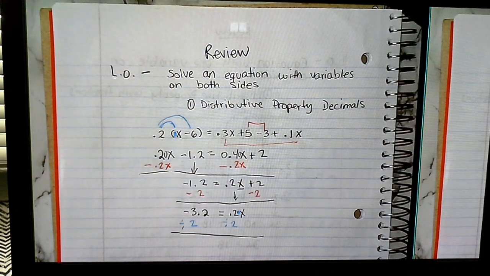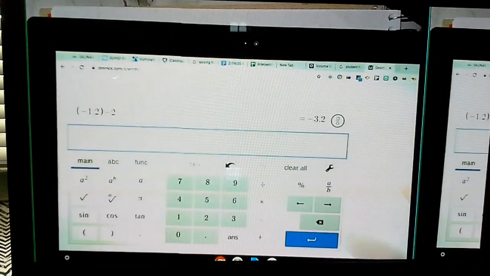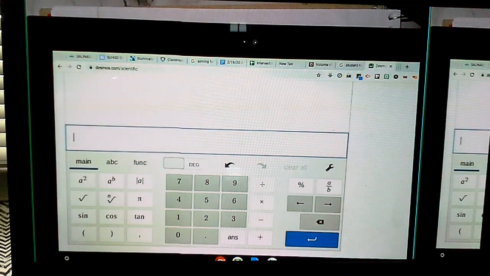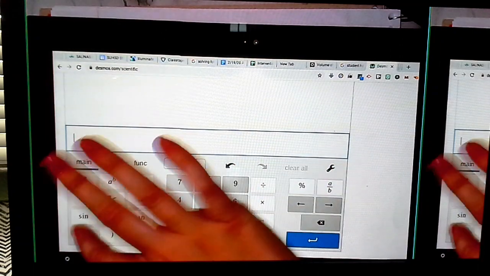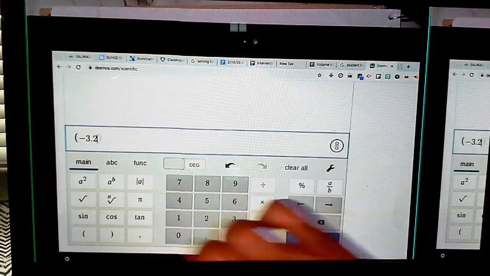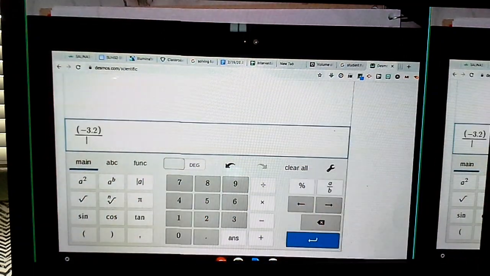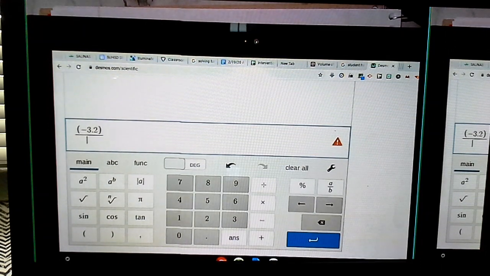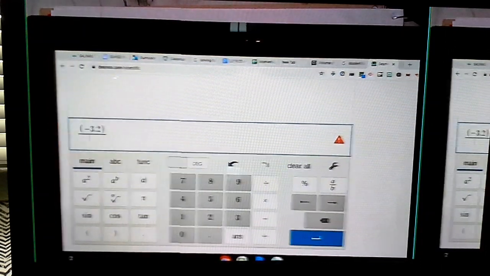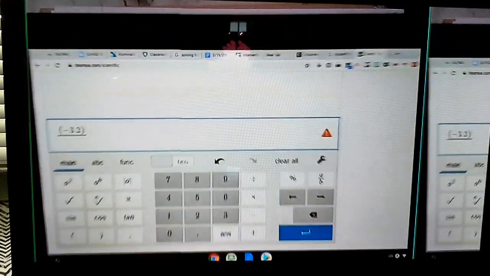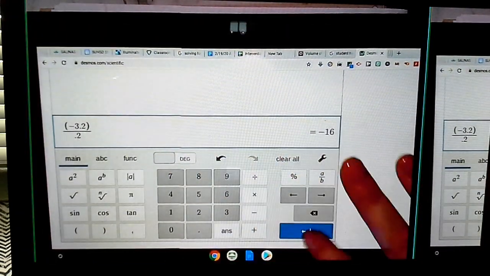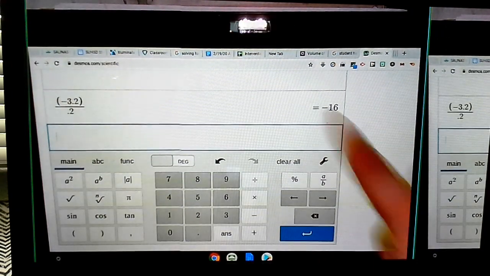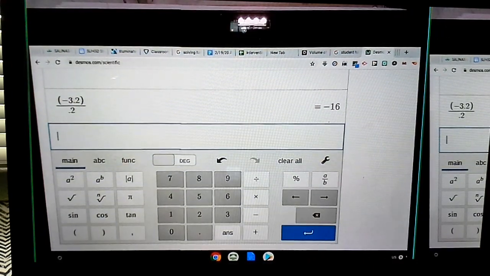So let me put decimals, and I'll clear this, and we are going to divide negative 3.2 by, and we are dividing it by a positive 0.2. So by 0.2, okay, and then that equals, and we end up with negative 16, okay.